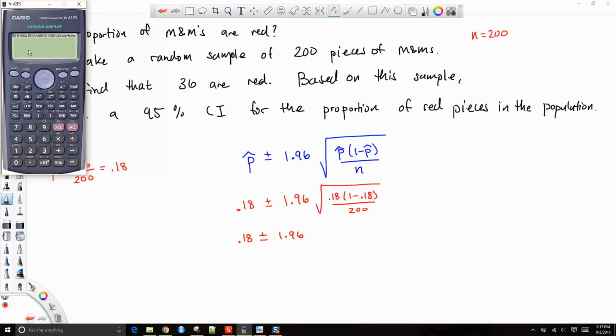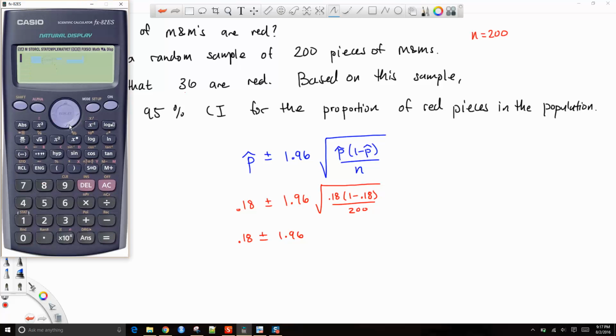On my calculator, I can do square root fraction, with 0.18 times parentheses 1 minus 0.18 on top, close off the parentheses, go down and type in 200. Is that good with everybody? I hit equals and I get 0.027166.